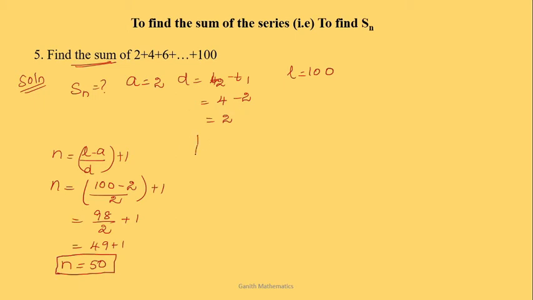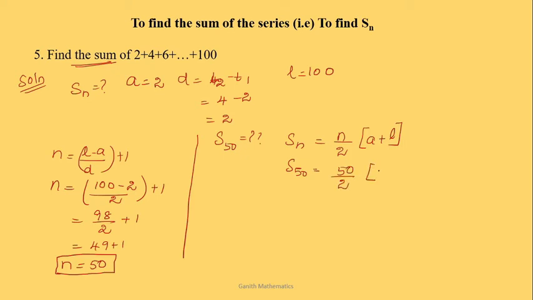This is part 1. Next, we are going to solve part 2, that is S50 we are going to find. The formula which correlates A, D, L, and everything is Sn is equal to n by 2 into A plus L. Now we are going to find S50. S50 is equal to, what is my n? N is equal to 50 divided by 2, a is equal to 2 and L is equal to 100, right?